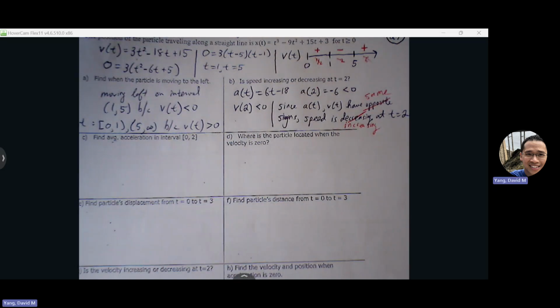Okay, what's the definition for average acceleration? Good, change in velocity over the change in time.